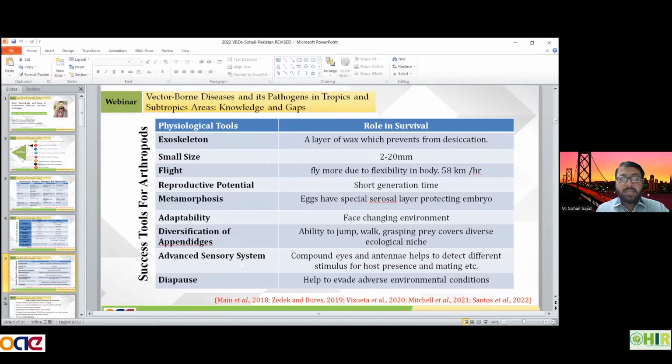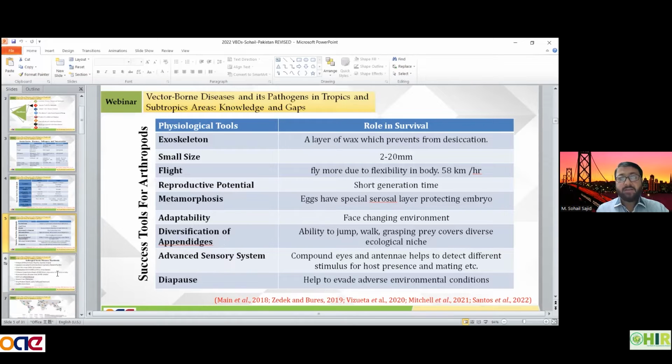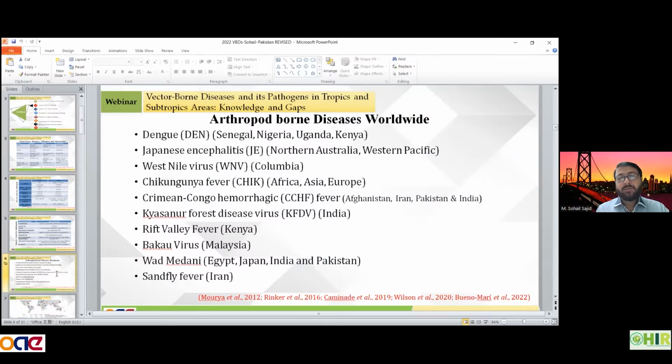In a nutshell, these physiological tools equip them for a successful lifestyle in the environment, making sure that they not only take their own meals but also transmit the pathogens to the next host.